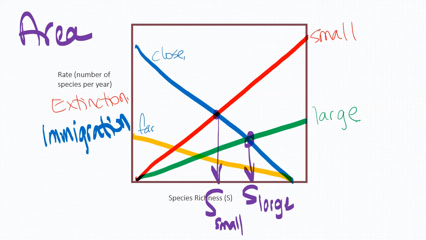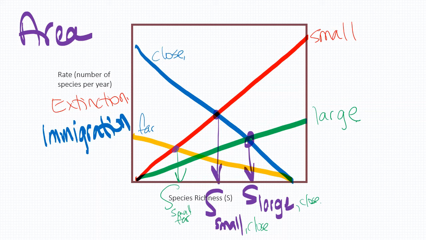If you're a small island and far away, your equilibrium number of species is going to be, this would be that small far, versus small close, versus large close.